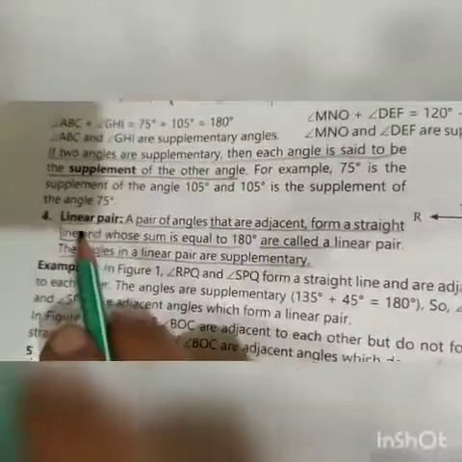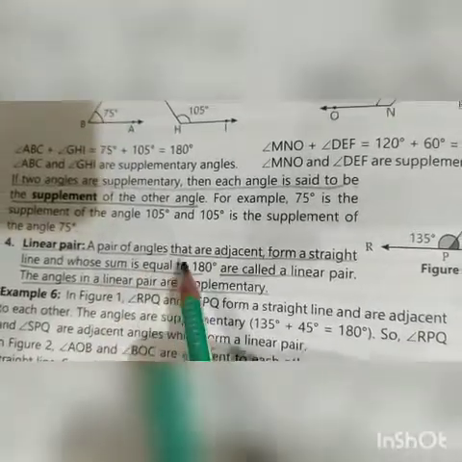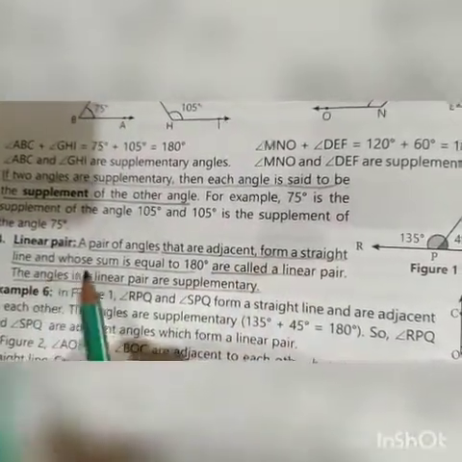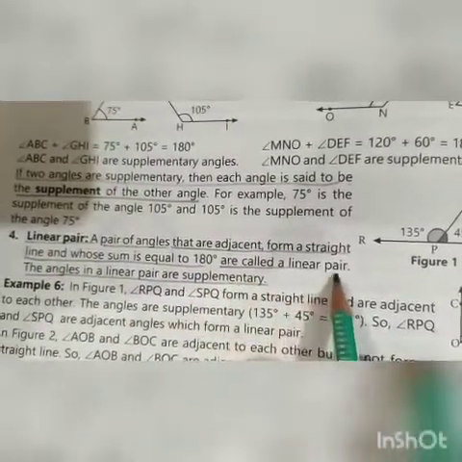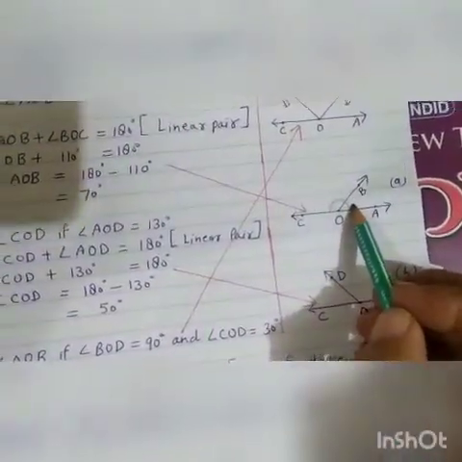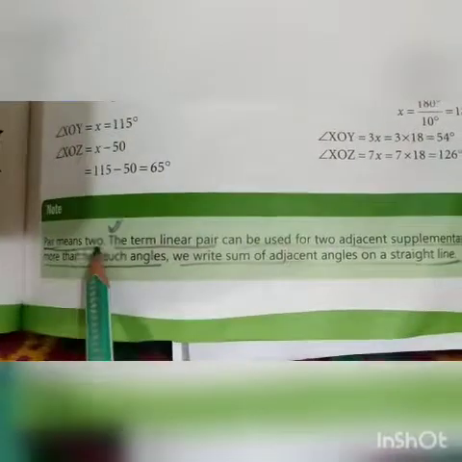See here, what is linear pair? A pair of angles that are adjacent, form a straight line and whose sum is equal to 180 degree are called a linear pair. So this is a pair of angles. Pair means two.